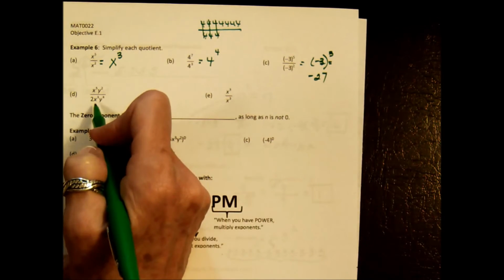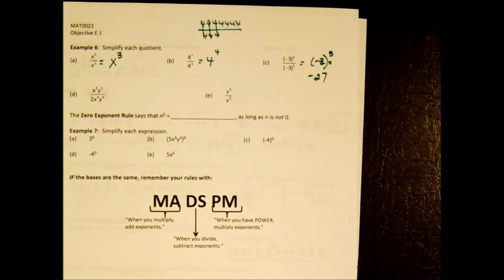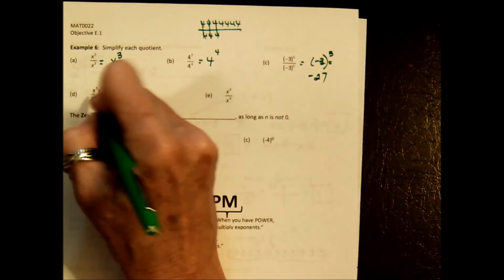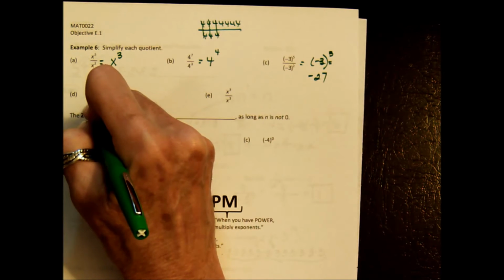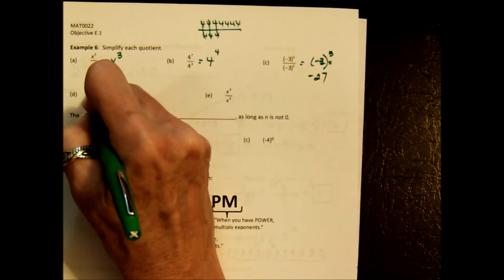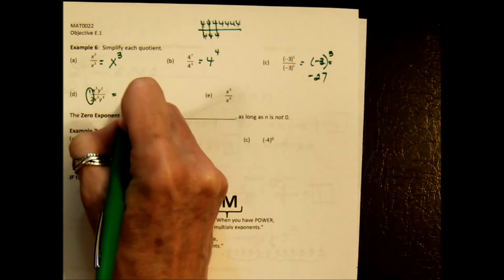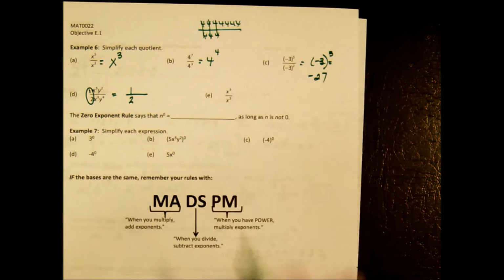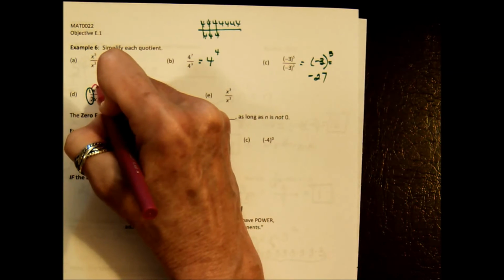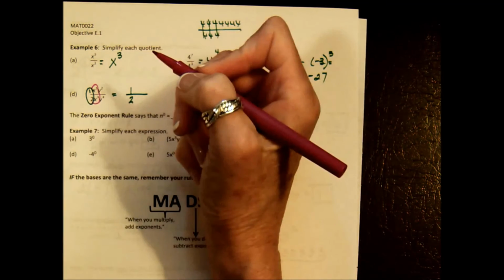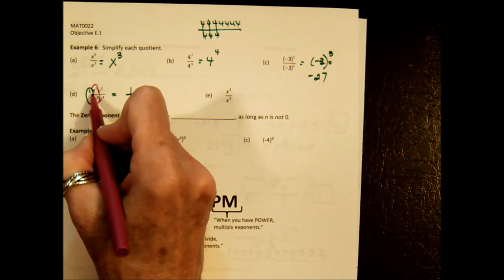This one you have to be careful of. I'm going to use some color here so that you can see the difference. So in green, what I have is a 1 over a 2. That's not going to cross cancel. In pink or purpley, what I have is an x to the 5th over an x cubed. Look where you have more. You have more in the numerator.